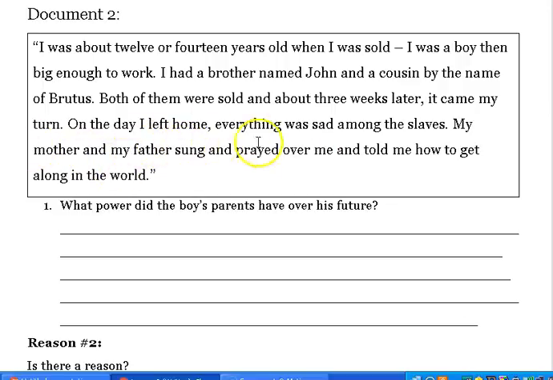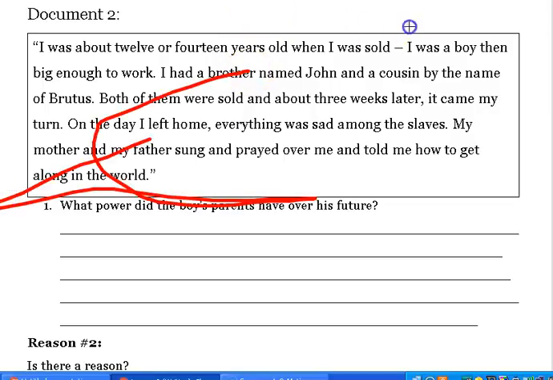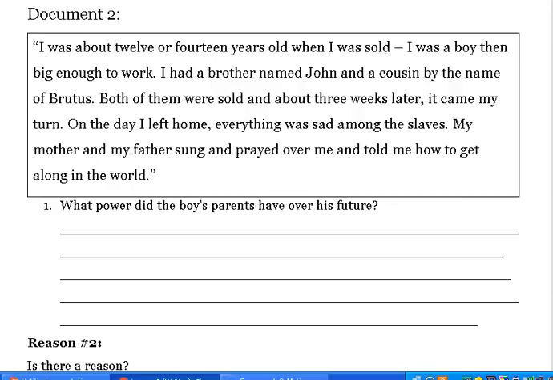So, this is S T. I can't write T. What power did the boy's parents have over his future?